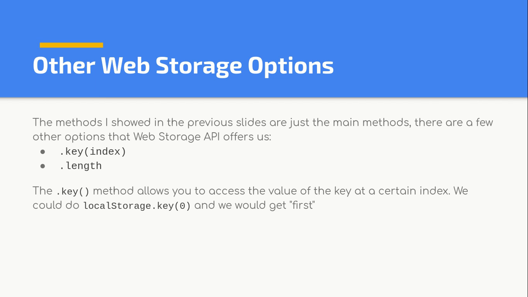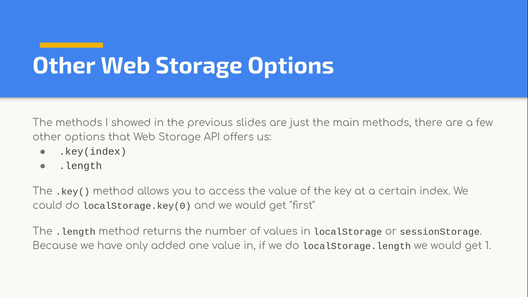So if we do localStorage.key and then in parentheses 0, it would be like in an array where we're accessing the 0th index, which would be the first one. And so in our case, we would get the first in text. And so the .length just returns the number of values in local storage or session storage. Because in our examples we've only added 1, we would just get 1.